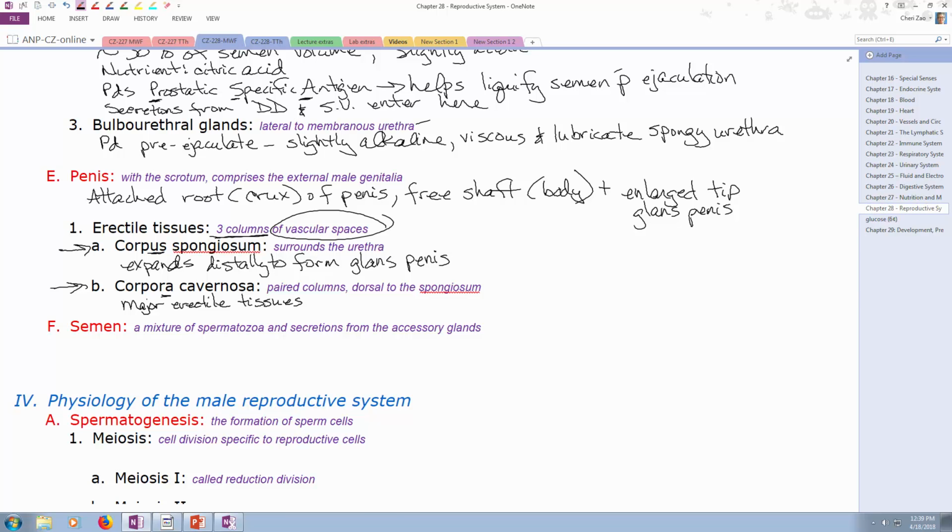The weight of the bladder. As you fill the bladder up, it gets heavier and pushes down on those ureters. Remember, the ureters are at the base of the bladder. That's why I said I don't like those diagrams, because they really should be down there at the base of the bladder. As the bladder fills up, it becomes heavier and adds weight to keep the openings of the ureters to the bladder closed.